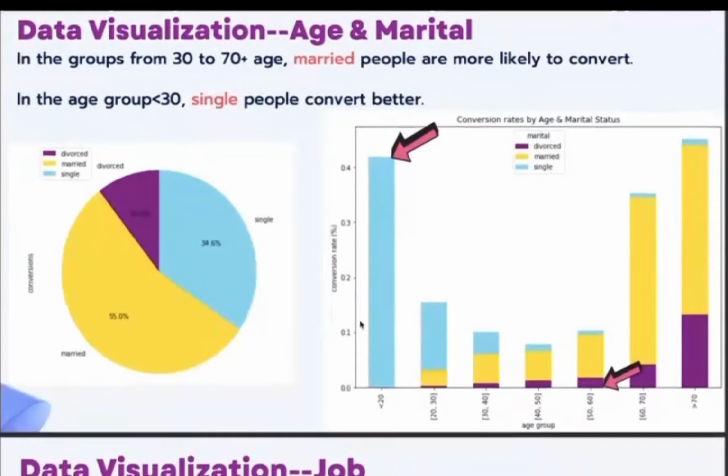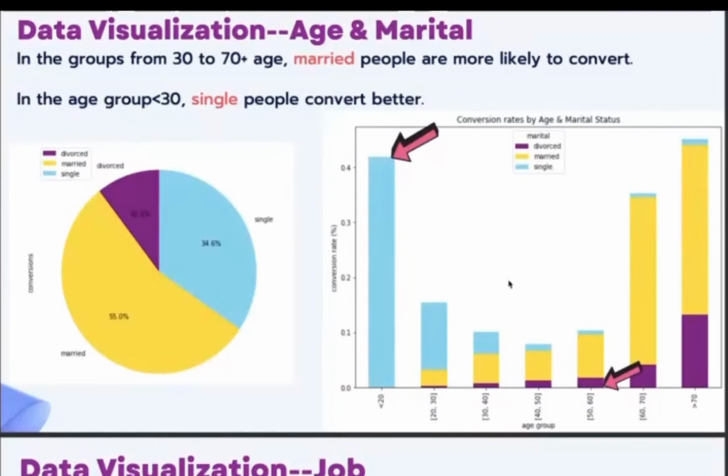If you look at the conversion rate by age and marital status, you can see that young single people have a conversion rate of 0.4. And divorced people between 50 and 60 only have a conversion rate of 0.02.